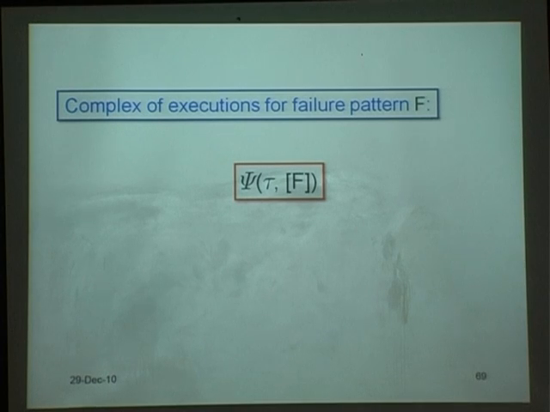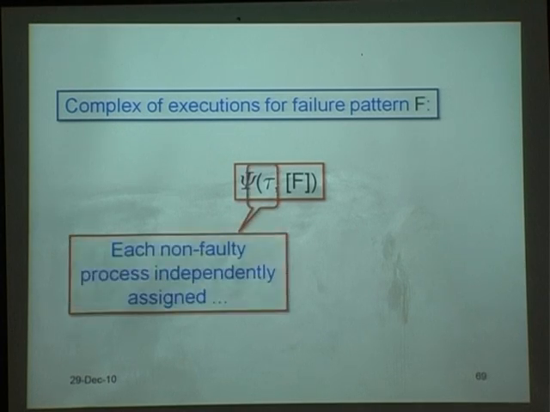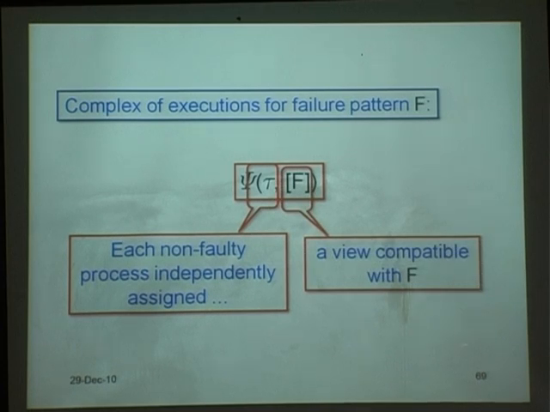And so what is this? Well, this is each non-faulty process. So we have tau, because we are actually failing processes here. So tau is a set of non-faulty processes here. Each is independently assigned a view compatible with F. That is, it has its ideas about when everyone failed. And it might not agree exactly with F, but it's only off by 1 at most. So it might agree or it might be off by 1.